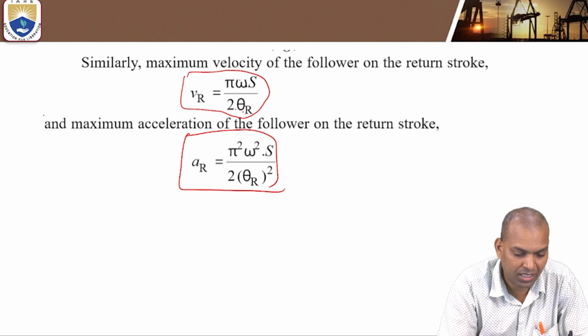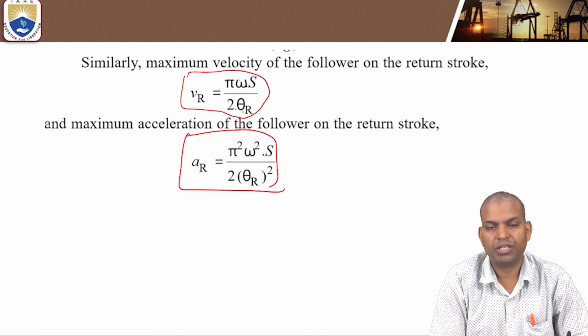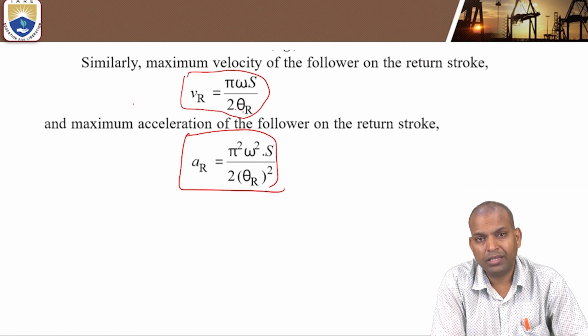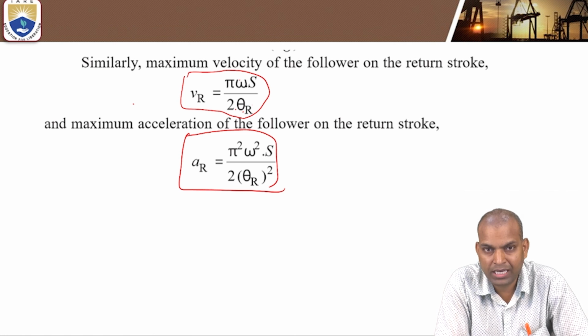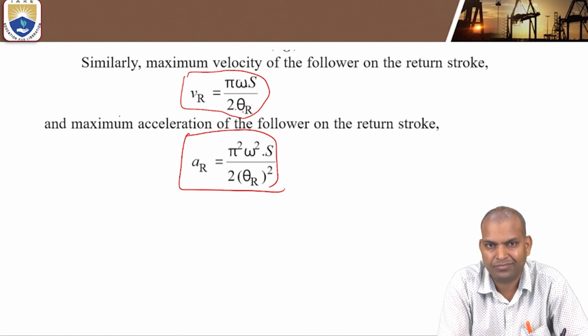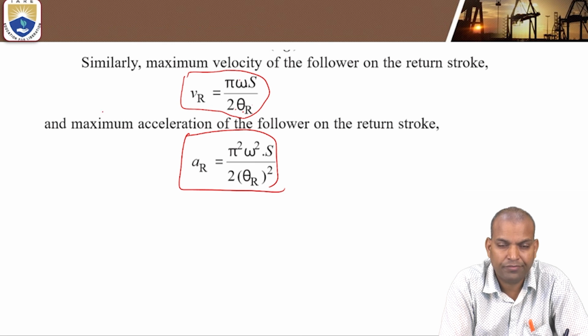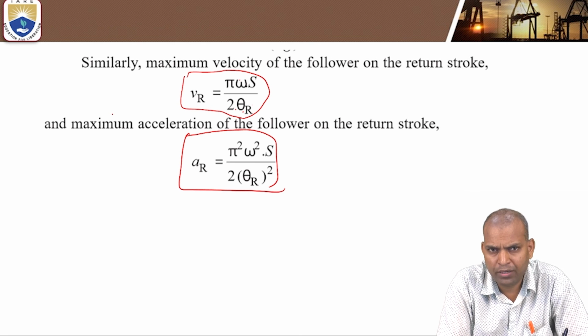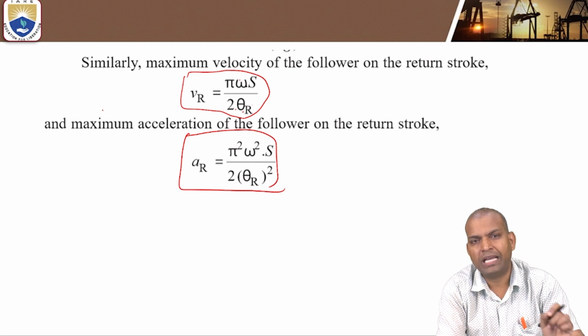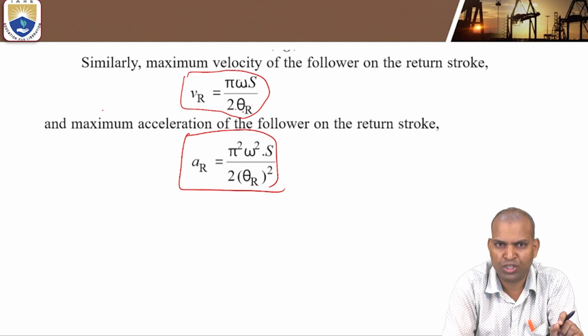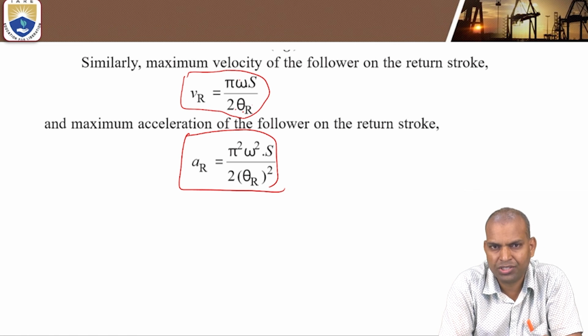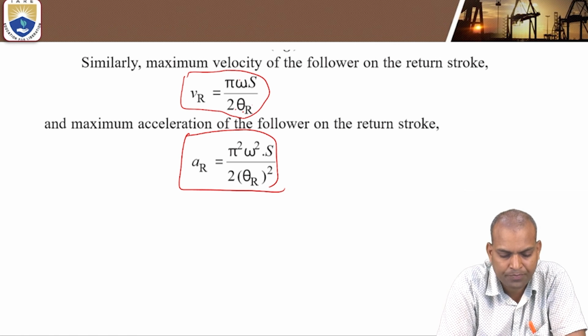Now these are the terminologies and these are the equations we calculated. These are the displacement, velocity and acceleration not of the cam, but of the follower. Very, very important. Whatever the follower may be, if it is having simple harmonic motion, these equations are applicable to calculate the velocity and acceleration during outstroke and return strokes.